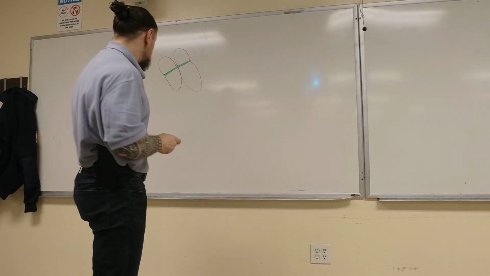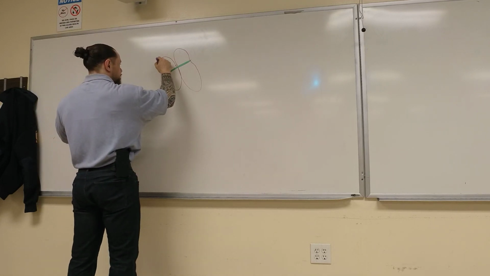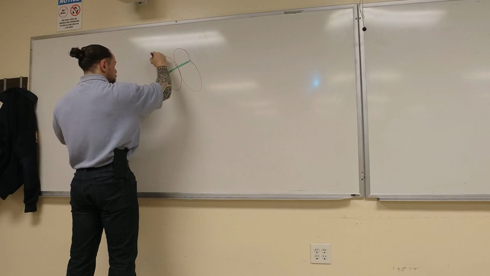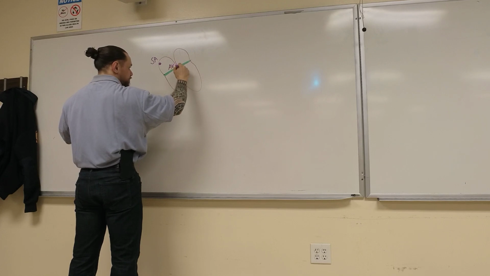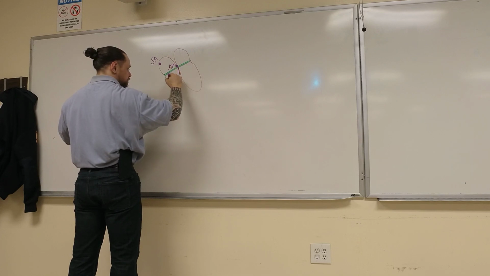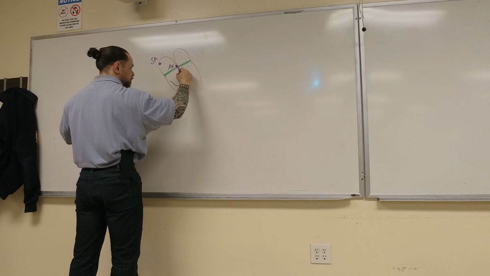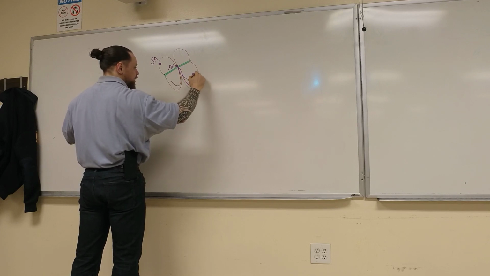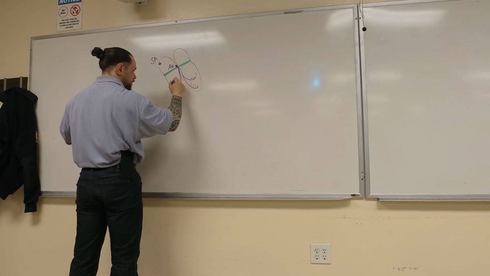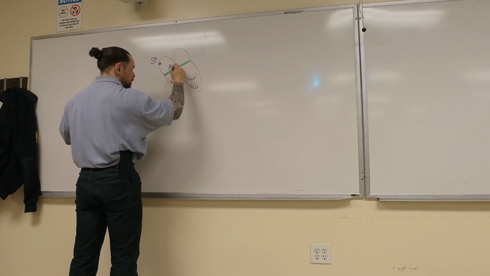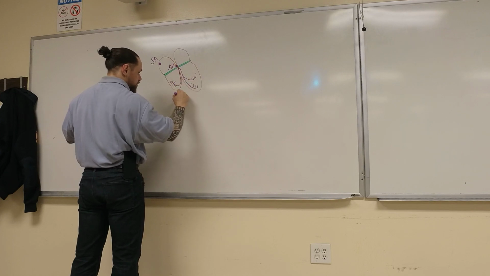Here we're going to make this part the SA node. This part here would be the AV node. Here we have the bundle of His, then the right bundle and the left bundle, and the left has two fascicles, the anterior and posterior. And here we have the Purkinje fibers, the Purkinje network, coming out to the ventricles.